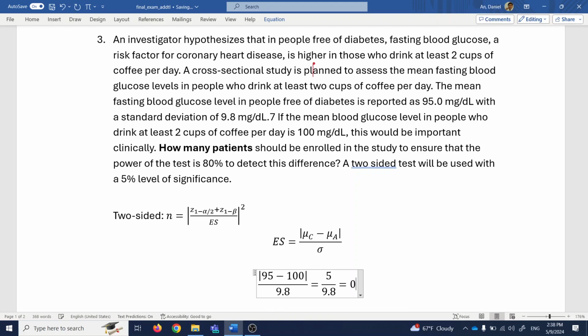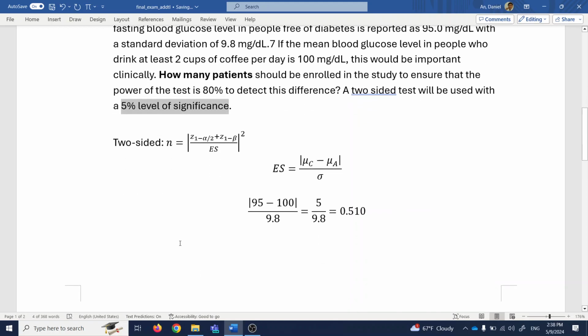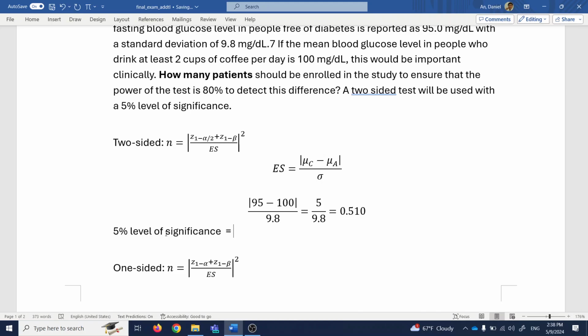Can you tell me what that is? 0.510. Yeah, that's right. So that's what you have. And then the level of significance, what does this mean? Alpha equals 0.05.